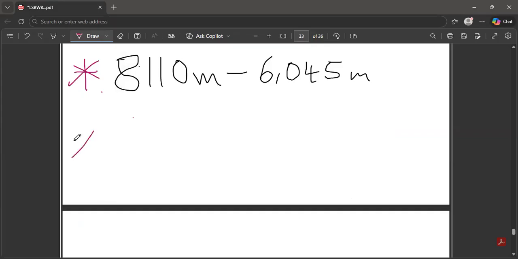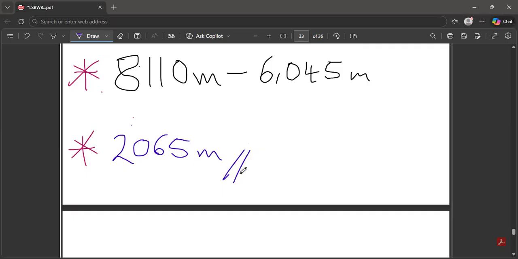That's the distance. 8,110 minus 6,045, we're going to get 2,065 meters. And that is going to be the final answer.